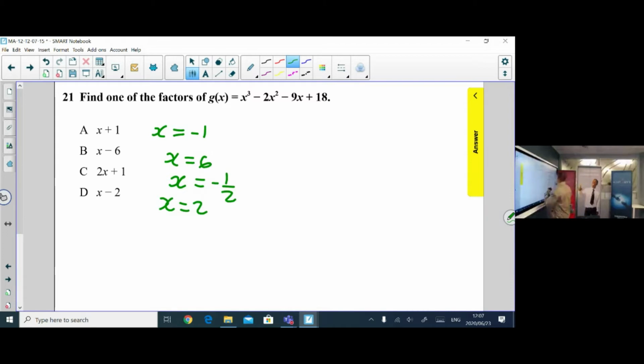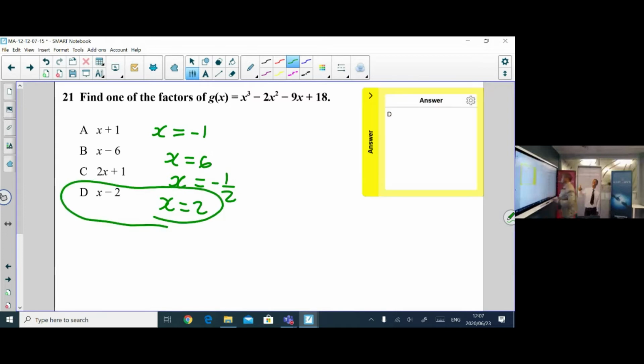It might be that you get your answer as D after you substitute, because it will give you 0.